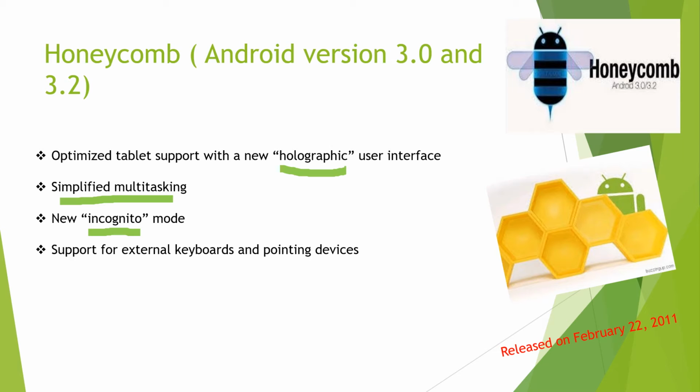So whatever incognito window we are using now was again introduced from Honeycomb onwards. It also supported external keyboards and pointing devices. It also supported connectivity for USB accessories. Honeycomb had improved hardware support, including optimizations for wide range of tablets.